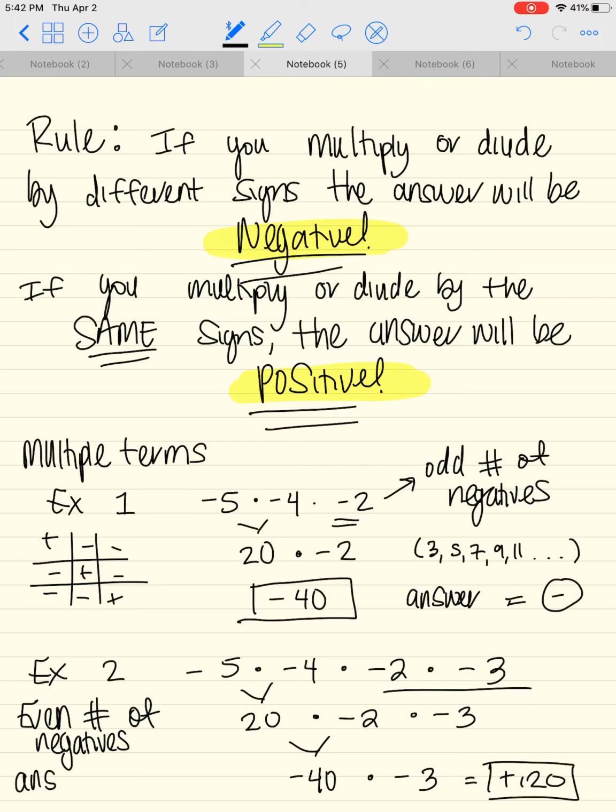Therefore, our answer is going to equal a positive. In this case, we had 4, right? So you have 4, 6, 8, 10, 12. Any number that is even, any amount that is even. Okay, so you might have this included in your exit ticket today, so please be very careful.